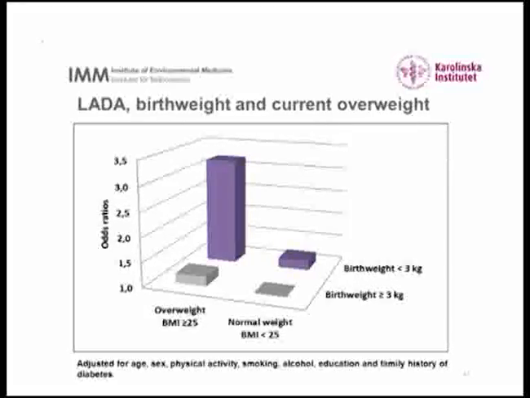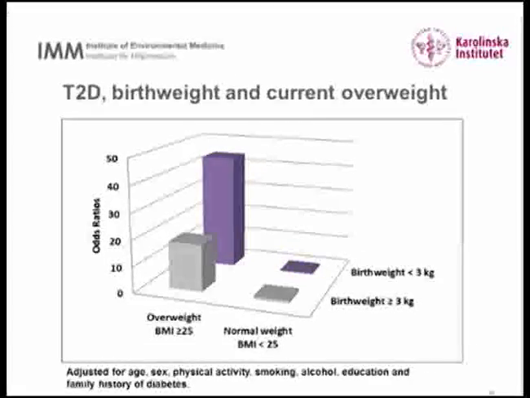So when they questioned about their birth weight and then saw their current weight and combined the two, they found that when the patients had a low birth weight but developed obesity later on, that means their current weight was high, the risk for LADA increased. So also the risk for type 2 diabetes.